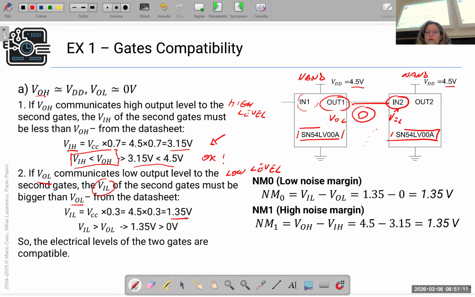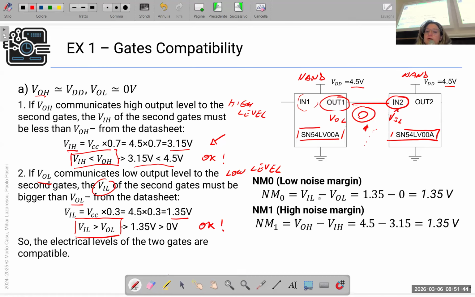The value is 1.35 volts. And in this case, the rule is that the input low level of the second gate must be bigger than the output low level, because if not, it will not see the zero input properly. So this is respected, so there is compatibility.